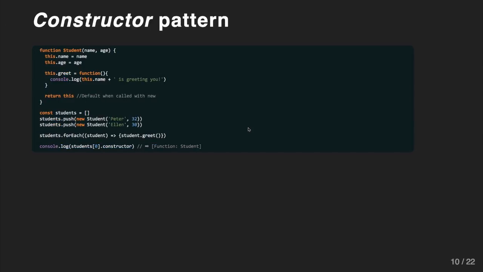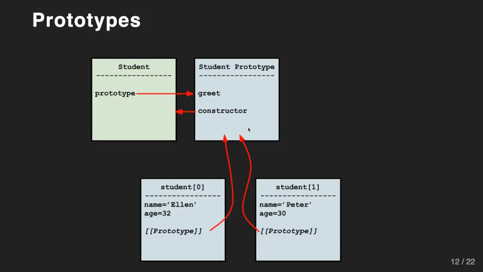However, looking at this picture, we have a constructor property that points to the constructor function. But we also have something called a prototype. And so these are the instances that we created from this constructor function, but they will get a hidden reference back to its prototype.